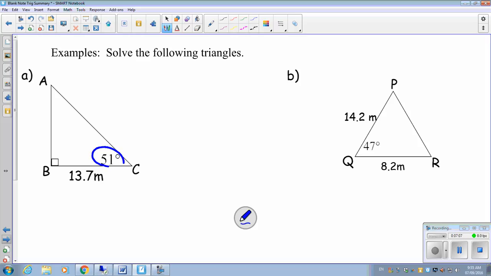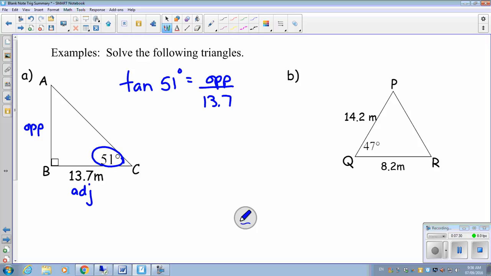Here is my angle. This side is adjacent to my angle, and I'm going to calculate the opposite side. So opposite and adjacent is tan. So I'm going to go tan of 51 degrees equals the opposite side over 13.7.